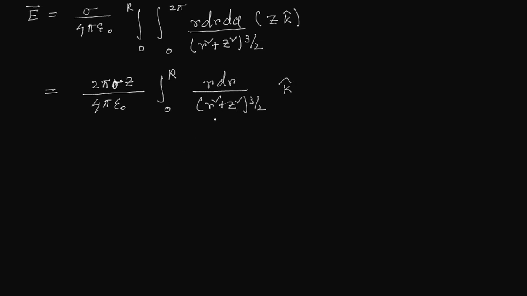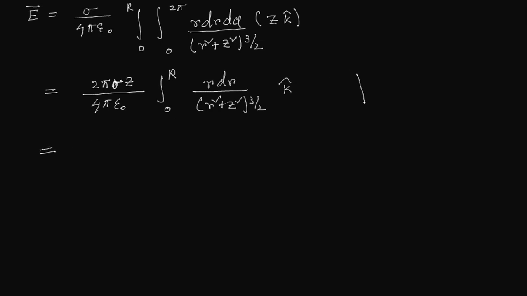So what will be the value of this integration, r dr divided by r square plus z square whole to the power 3 by 2? It will be simply minus 1 by the square root of r square plus z square.